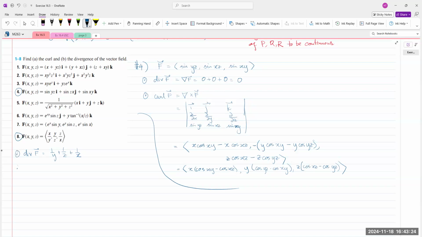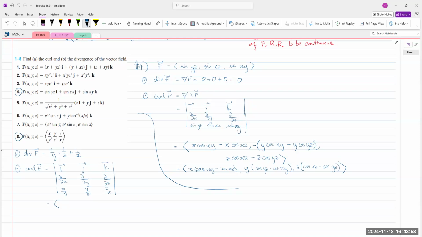Okay, and how about the curl of F? That's the determinant with i, j, k, then ∂x, ∂y, ∂z, then P, Q, R. How about the x component?